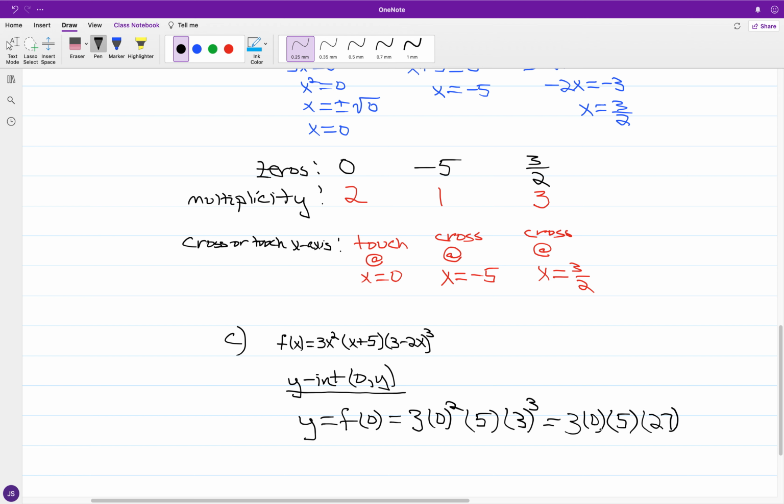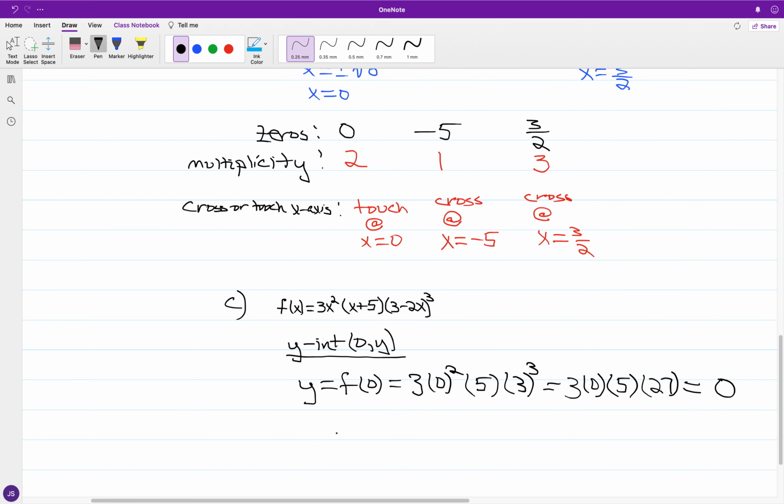Any number, regardless of how large or small, once multiplied by 0, will have the product end up at 0. So the y-intercept will be located at the origin.